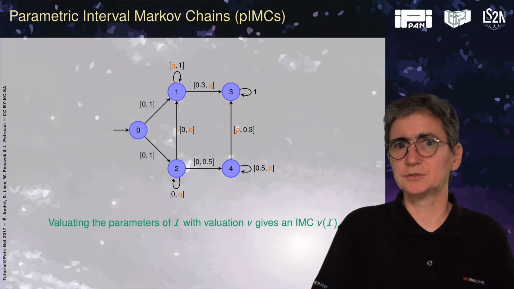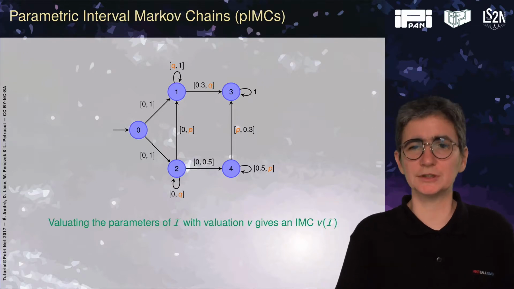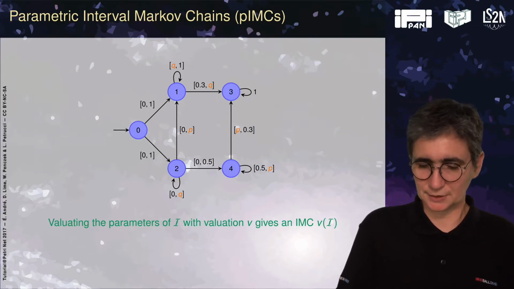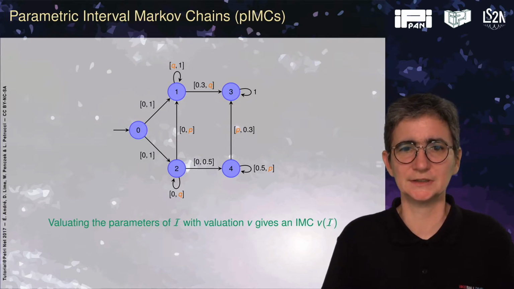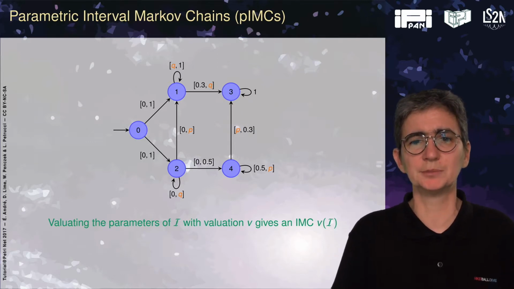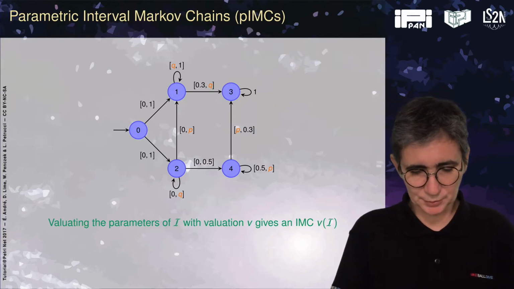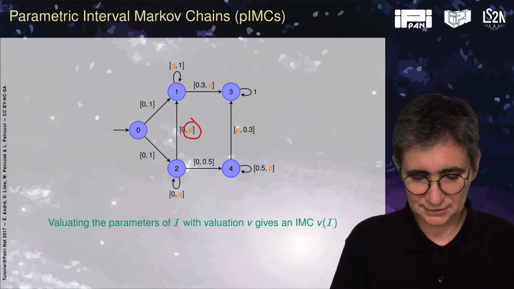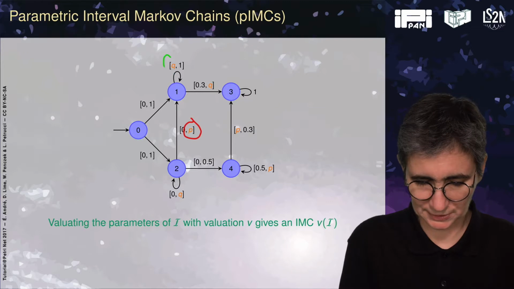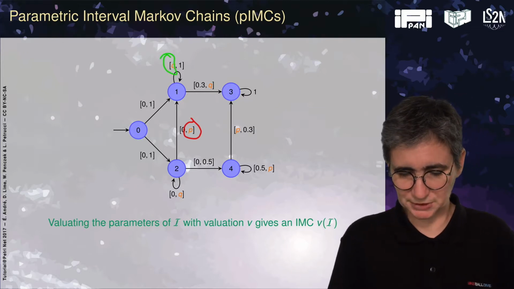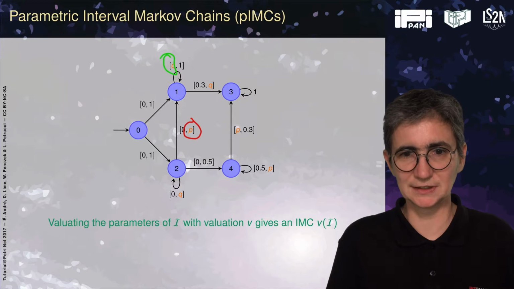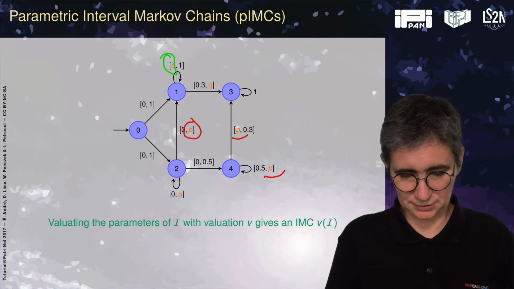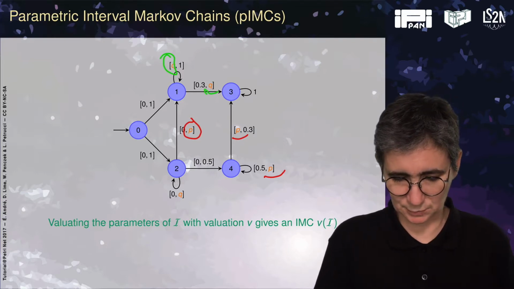Now we want to add parameters, because sometimes we don't know about the upper or lower bounds of these intervals. So we will introduce parameters in the bounds of the intervals. Here you have an example where we have two parameters, a parameter P and a parameter Q. As you can notice, parameter P occurs at several places, here and here as well, while parameter Q also occurs at several places.